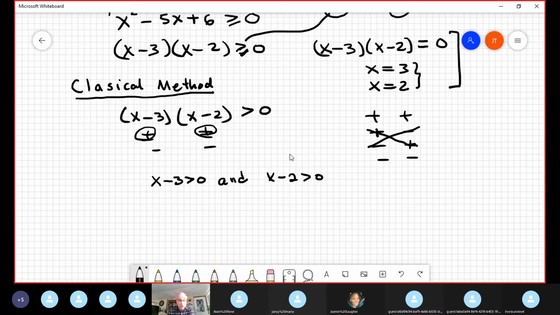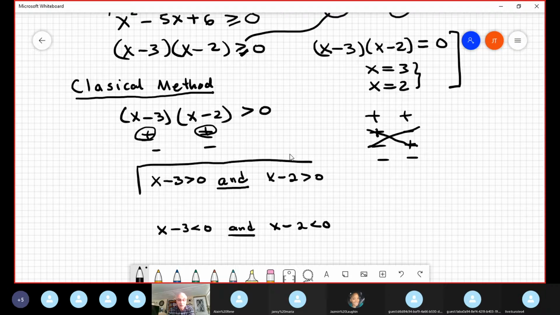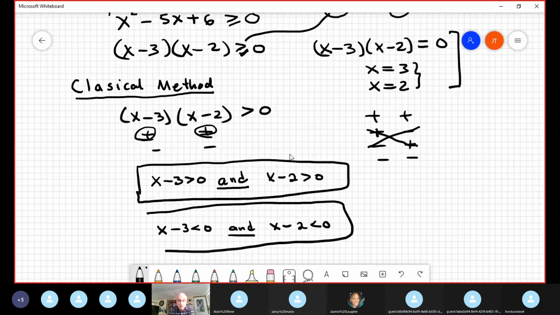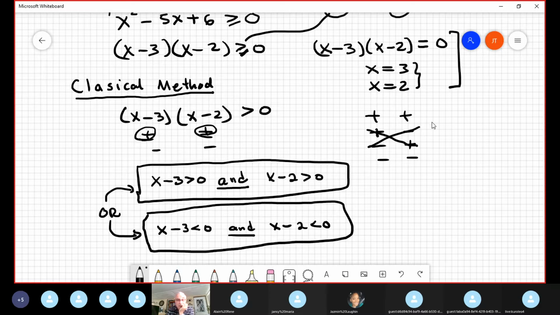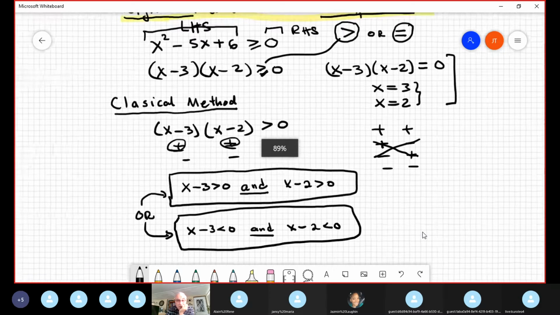The connection is important: the conjunction in the compound inequality is AND, this condition and this condition. But we have another possibility: x minus 3 less than 0 and x minus 2 less than 0. This statement is one compound inequality, and this is another compound inequality, and they are connected in the same problem by OR. You don't need to write this, but this is the understanding of this problem.